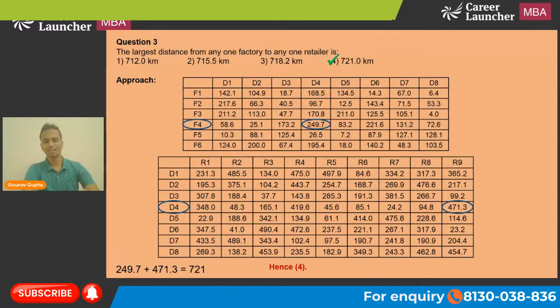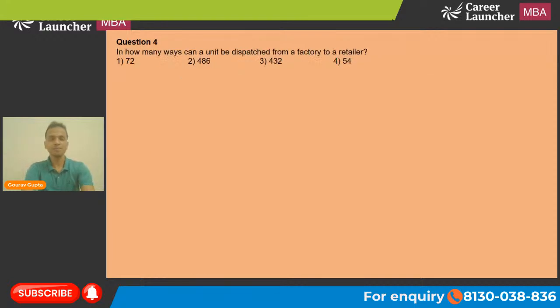All right, so that was number 3. Let's look at the last question, question number 4. Question number 4 is, in how many ways can a unit be dispatched from a factory to a retailer? Now, this is a question of permutation and combination, the fundamental principle of counting. Okay, so simple.